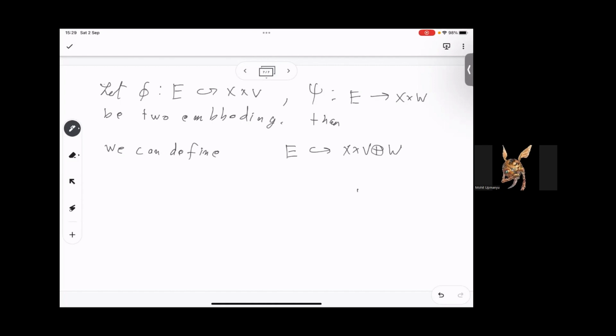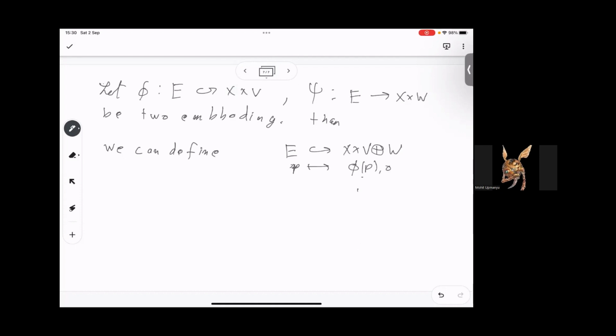Actually there could be three embeddings. One could be like any point goes to psi of p comma 0.